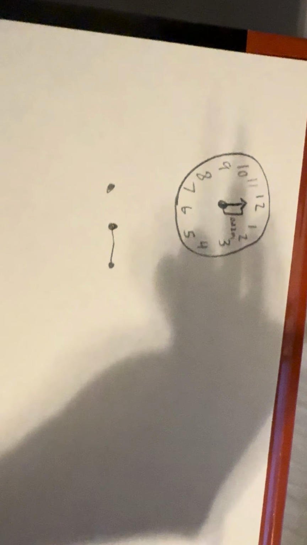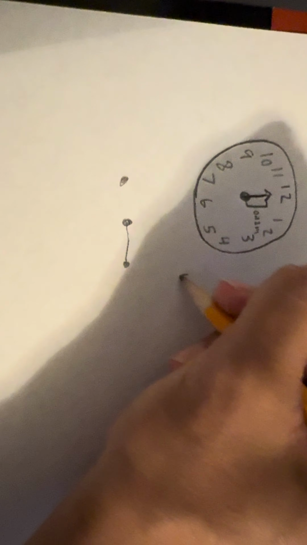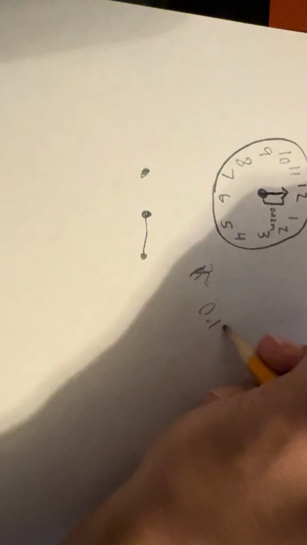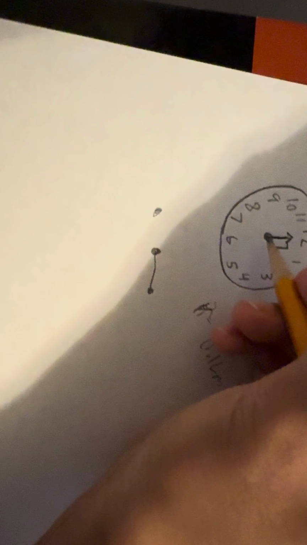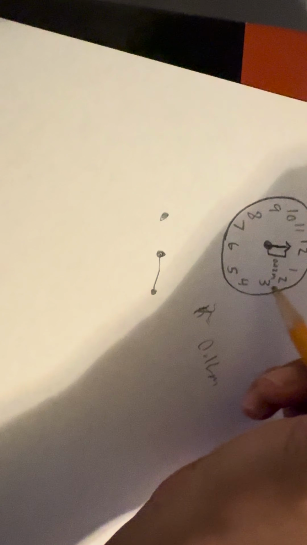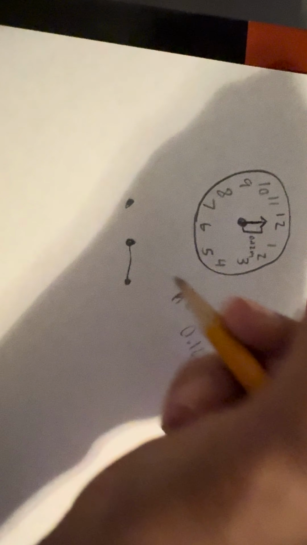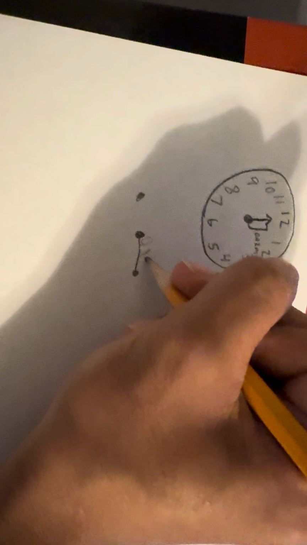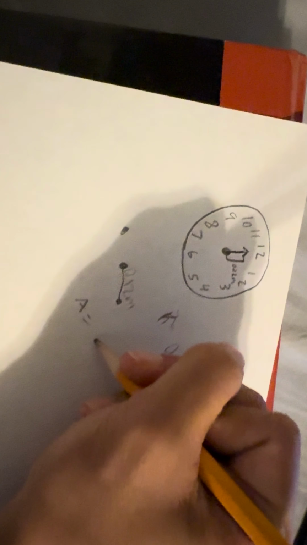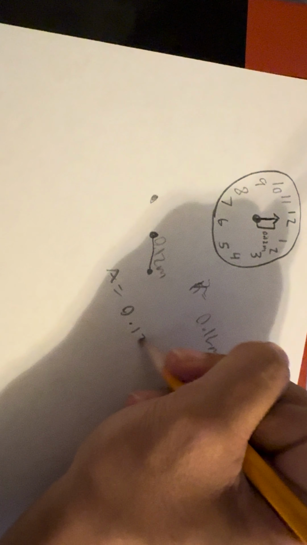So in essence, if our radius is equal to 0.12 meters, that same radius, whenever the minute hand rotates to 3, is going to be our amplitude. So our amplitude is going to be 0.12 meters. A is equal to 0.12 meters.